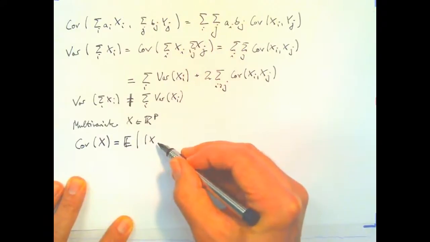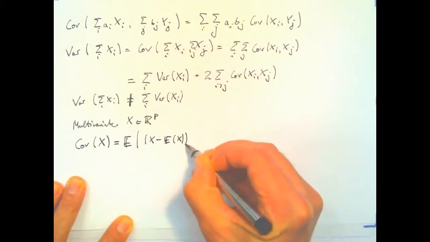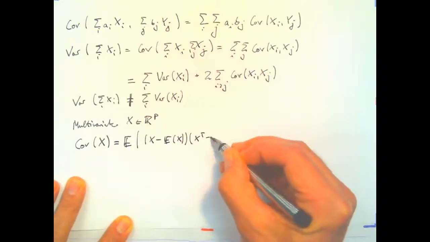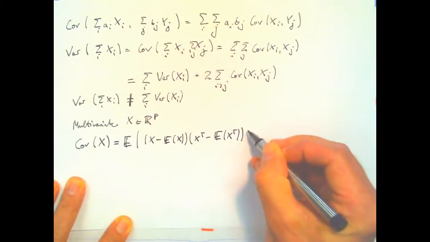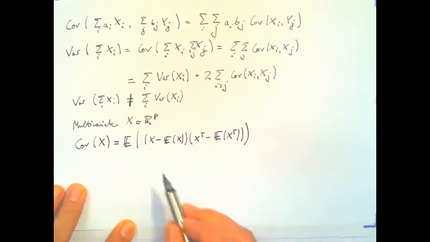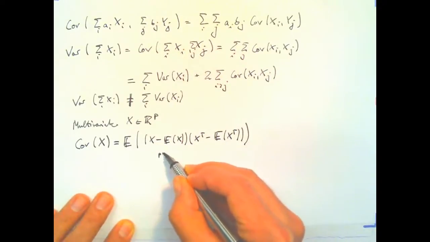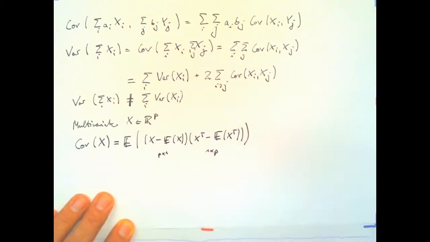So X is a column vector, and I take the outer product of the vector and its transpose. Okay, so the first term here has dimension p by 1, and the second term has 1 by p. So overall, this is a p by p matrix.